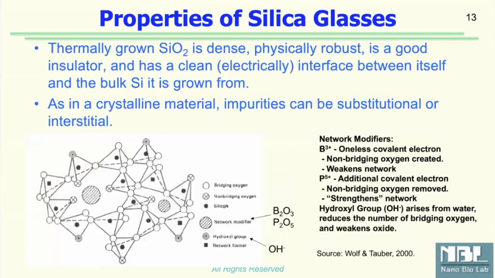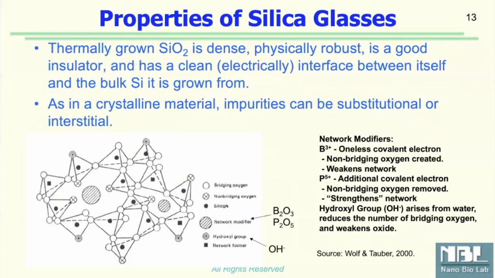So this quality of how the oxygen bridges is what gives us a very good insulator, which has a very good interface with itself and the silicon that's below. We said we grow oxide, so essentially we have the surface of silicon and we have oxygen species reacting with it, resulting in silicon dioxide.